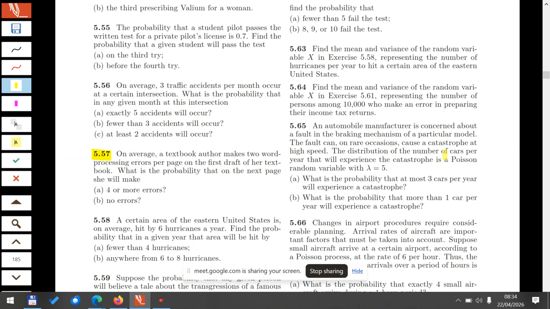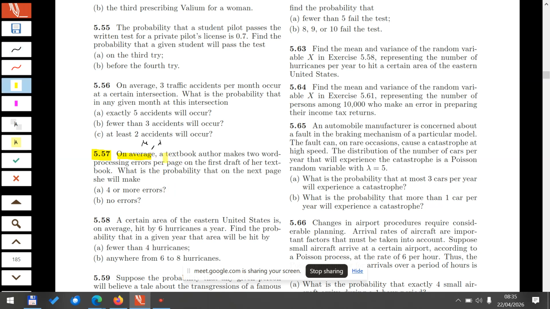So you're now going to tell me what makes it a problem for the Poisson process, right? On average, so that's the first thing you need to do. Whenever you see "on average," you should think about mu or lambda, right?